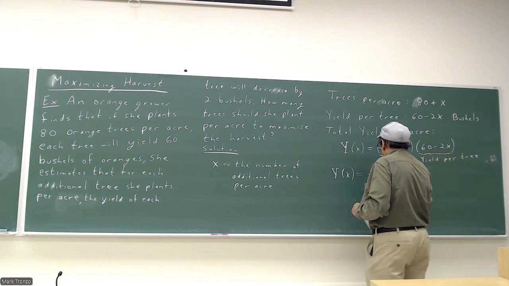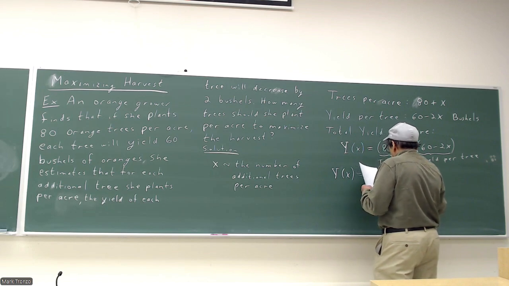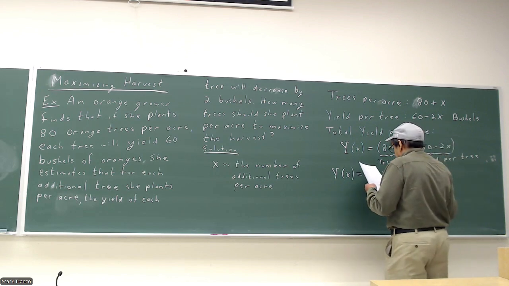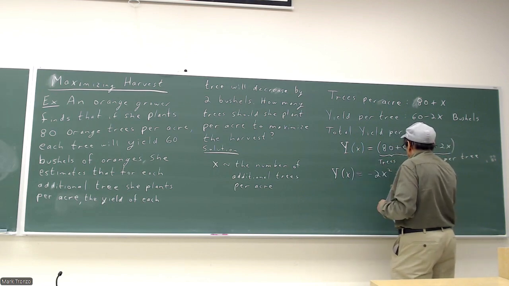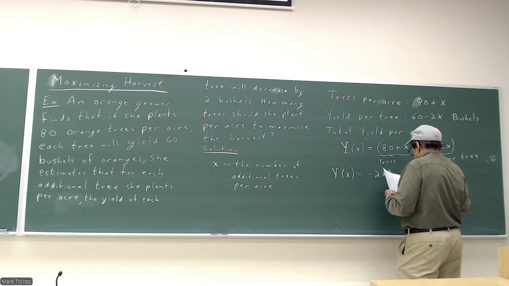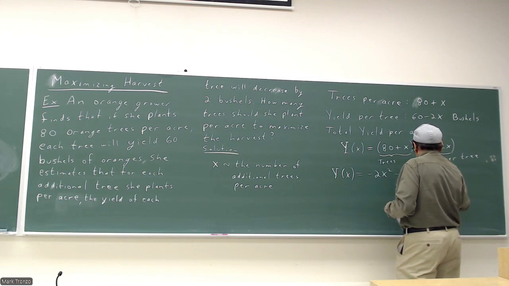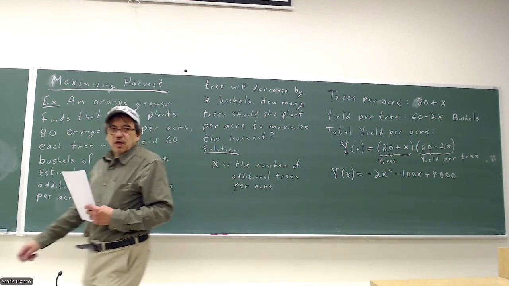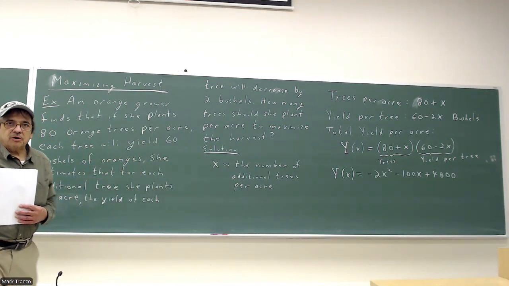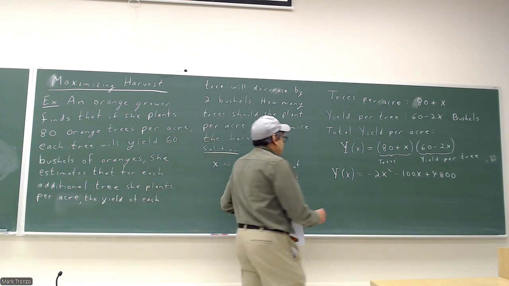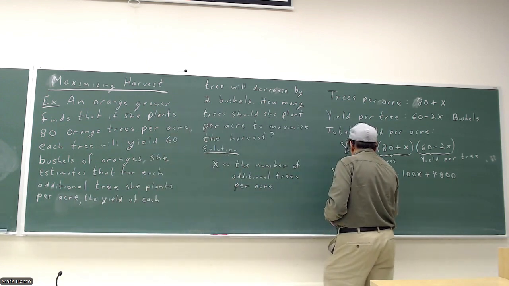When you FOIL it and add the coefficients of x, we get this. So this is what we want to maximize. We want to maximize this function y over here.